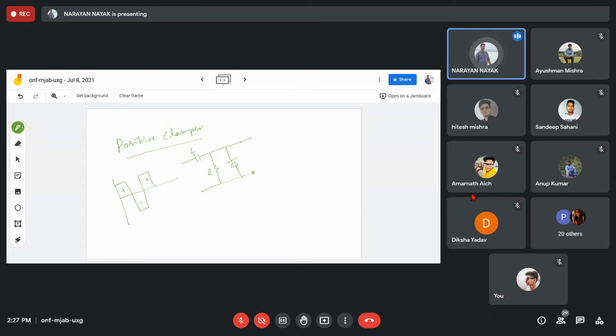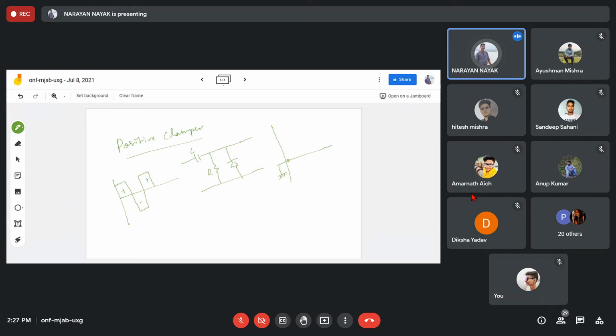And you are getting the output. As it is a positive clamper, the total signal moves upwards. Understood? So you get this type of output. Let us say this is your 0 volt.